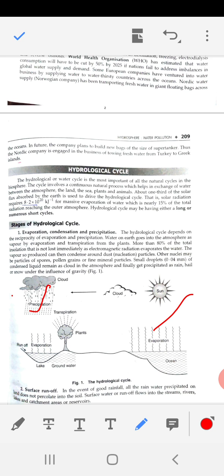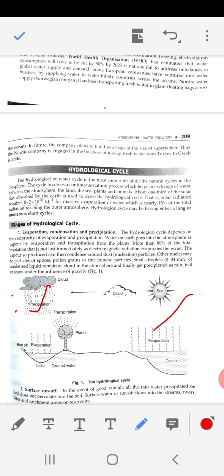The vapors produced can then condense around dust, that is, nucleation particles. Other nuclei may be particles of spores, pollen grains, or fine material particles. Small droplets of condensed liquid remain as cloud in the atmosphere and finally get precipitated as rain, hail, or snow under the influence of gravity.